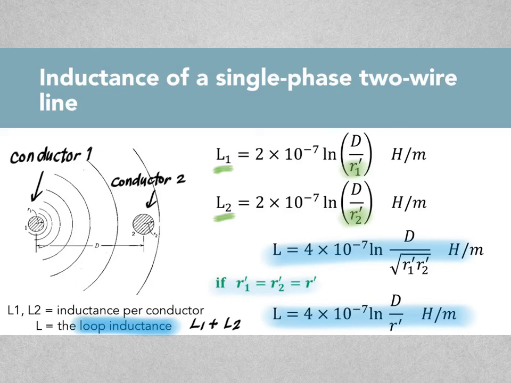Of course, when you simplify, R1 prime equals R2 prime, so R1 prime squared, square rooted, is R1, which is also R, because there is only one radius.